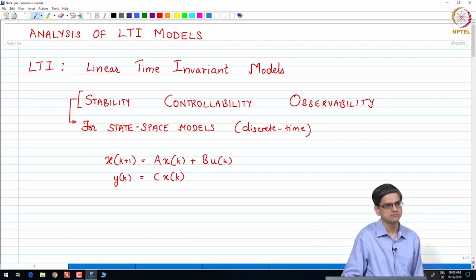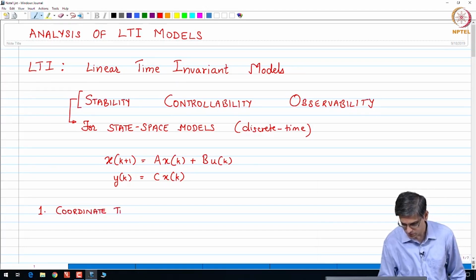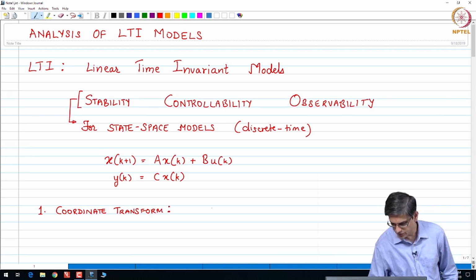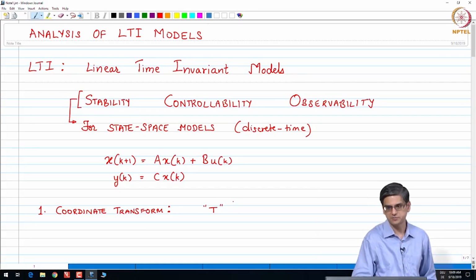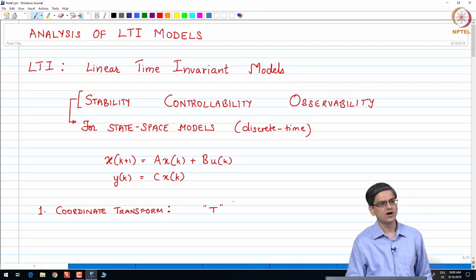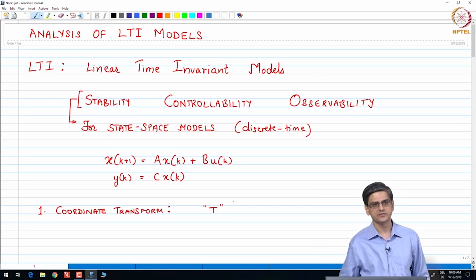This is the discrete time state space model. Before we do that, we will do coordinate transformation. We will define a transformation matrix T. The only requirement with respect to T is that the T should be a full rank matrix.